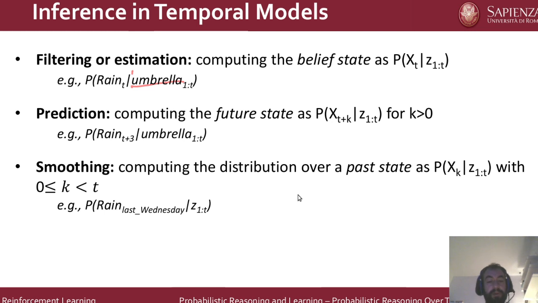So for example, let's say you were receiving all the observations about the umbrella day by day, and you believed that on Wednesday it was raining with a certain probability. Now you see more and more observations, and you go back and say, okay, probably last Wednesday it was raining with this probability, which is maybe lower or higher than what I believed it to be, given the sequence of observations that I have seen after that.